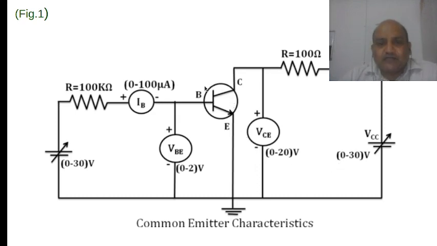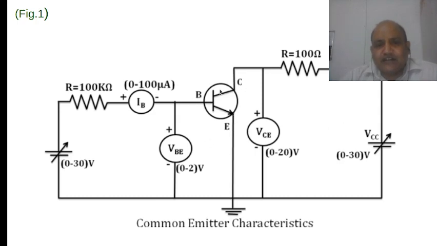But unfortunately your BJT, bipolar junction transistor, has only three terminals: collector, base and emitter. So to make it four terminals, two for this side and two for this side, one terminal is made common.